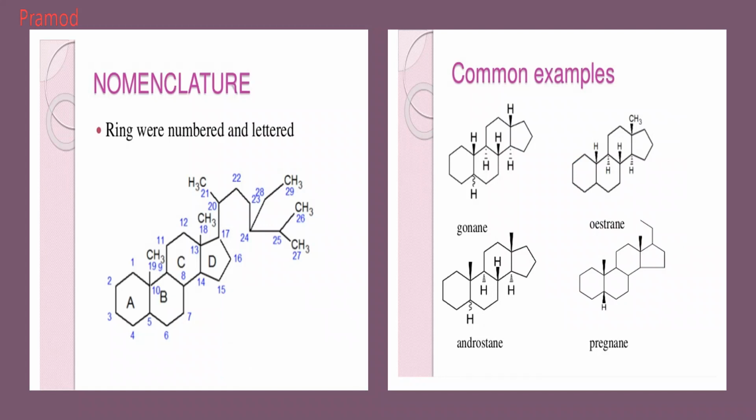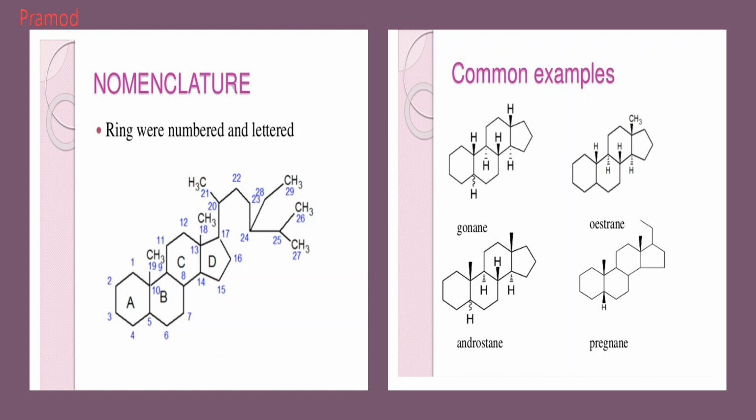Now, basic nomenclature. Let's start with cholesterol. Cholesterol is a 27 carbon compound. Sitosterol is 29 carbon. It contains an extra ethyl group at the 24th carbon, that is 28, 29.